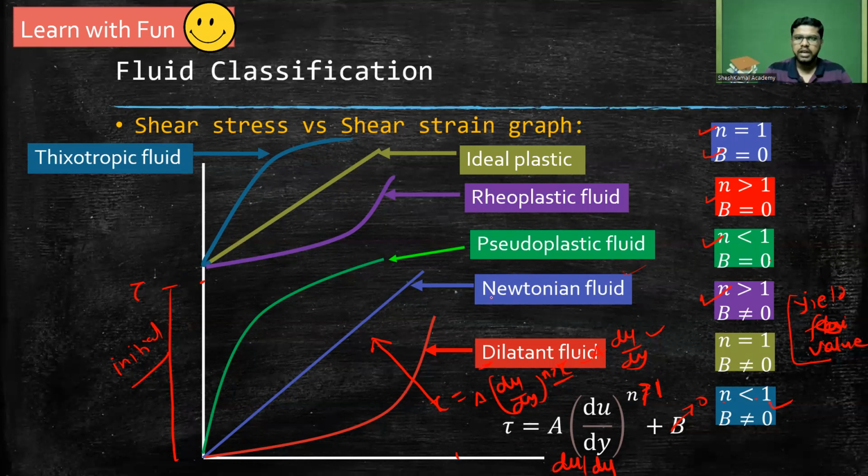After D in the alphabet, it comes N, then P, then R, and then T. So simply you have to go in alphabetical order from bottom to top, like I have shown in this direction with the help of this arrow. So this is all about the types of fluid and fluid classification.